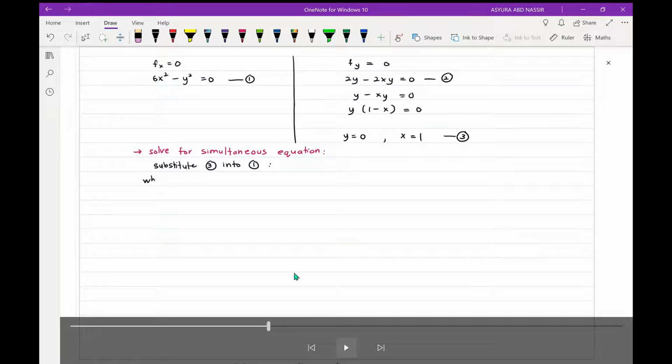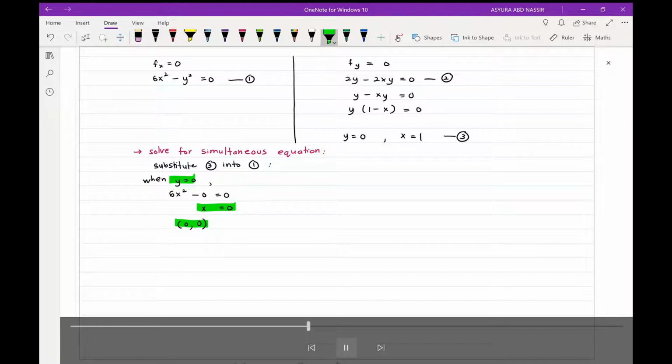Let's start with when y equals to 0. You substitute into the first equation and get 6x squared minus 0 equals to 0. Now you will get x equals to 0. So now you can write it in the form of a point: x equals to 0 and y equals to 0, so the point is (0, 0).